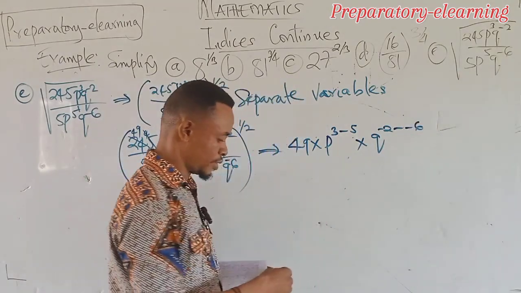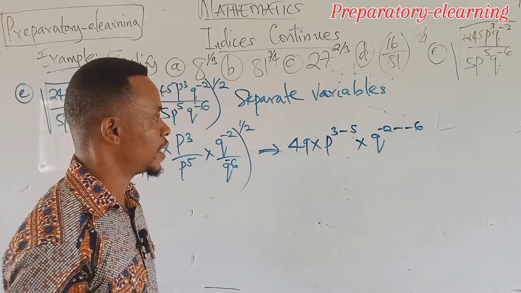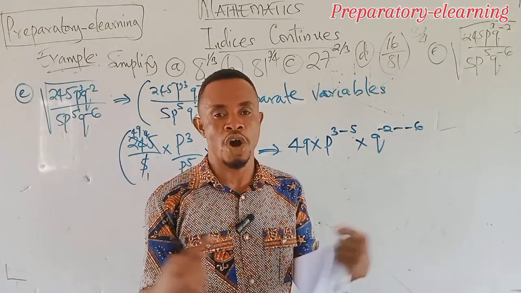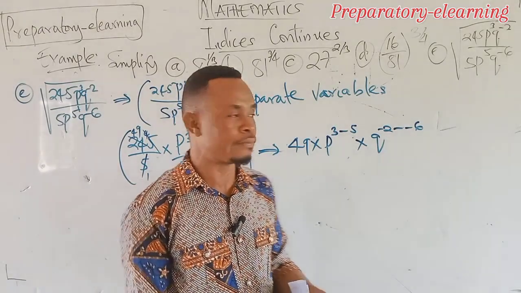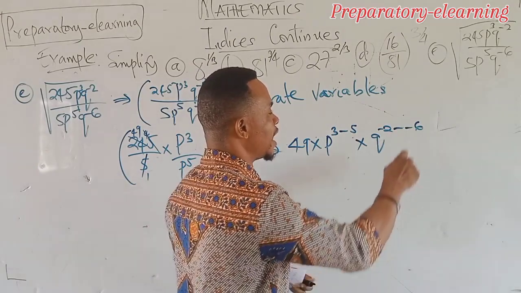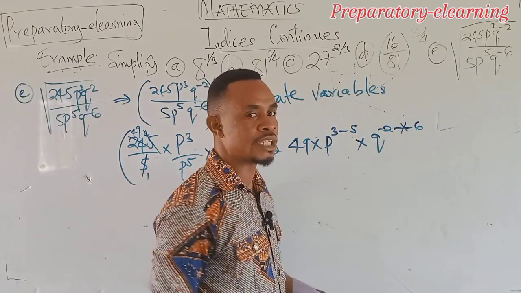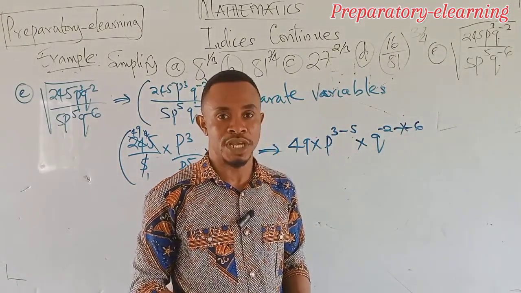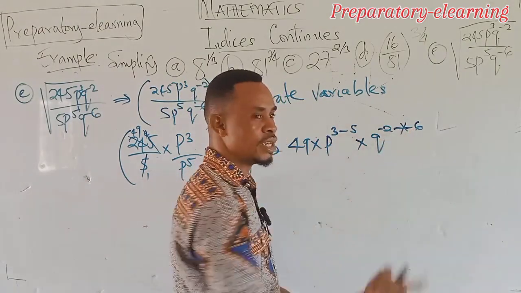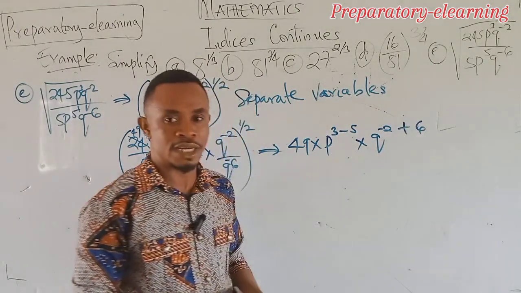We have 2 minuses there. Now note, anytime we have 2 signs coming together or coexisting, for example minus and minus, we usually bring in an invisible multiplication sign to separate the 2 signs. Of course, you know that minus times minus is plus. I hope you understand that.